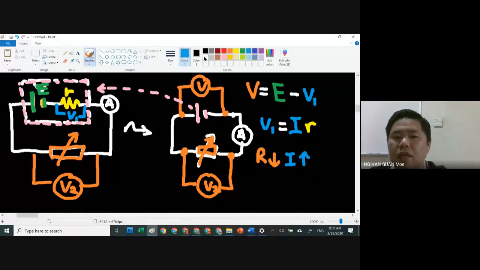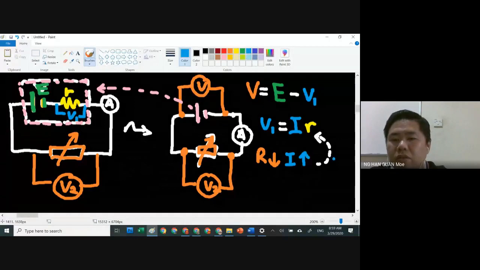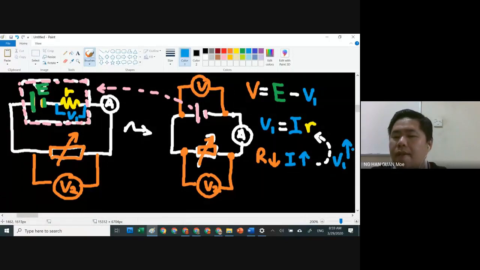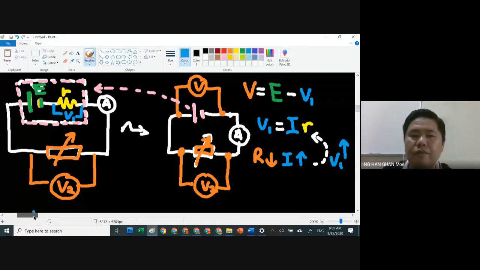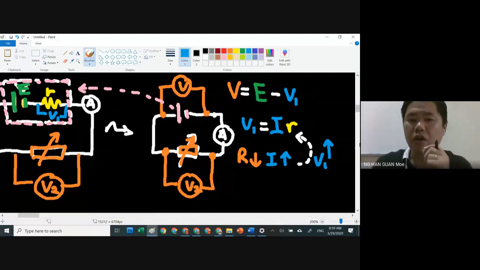So that's why when we increase the current across the constant R here, which is V1, V1 also increases. Okay? V1 also increases.